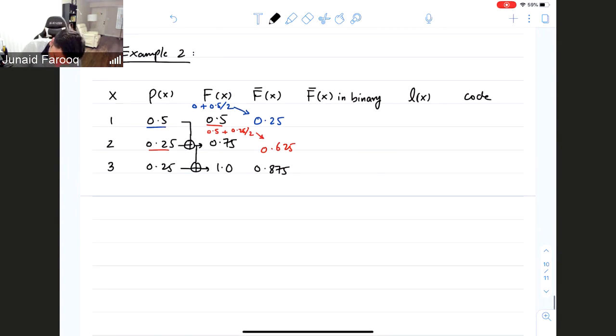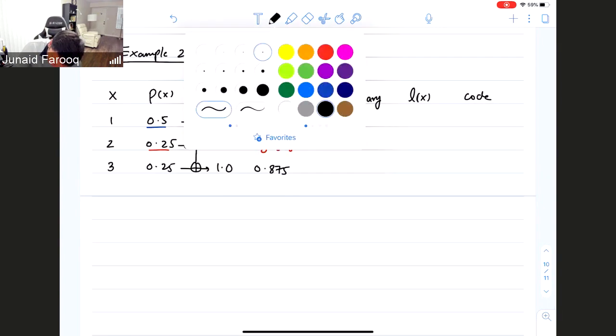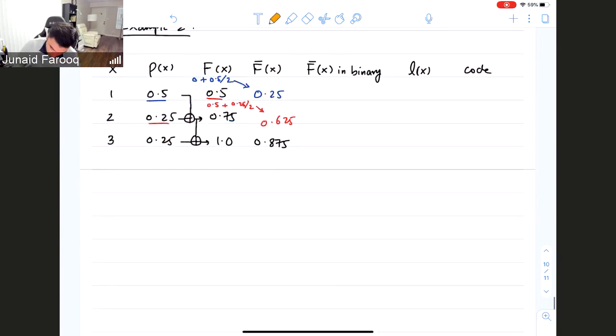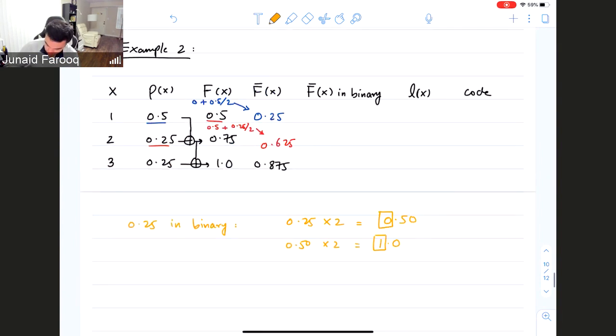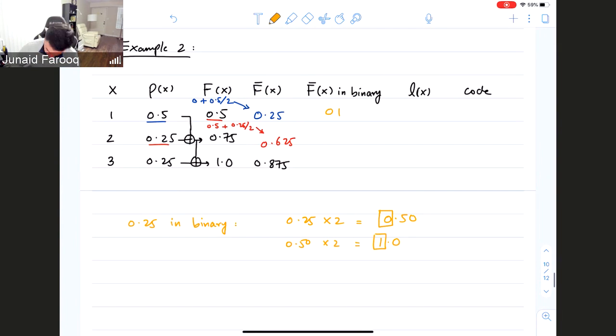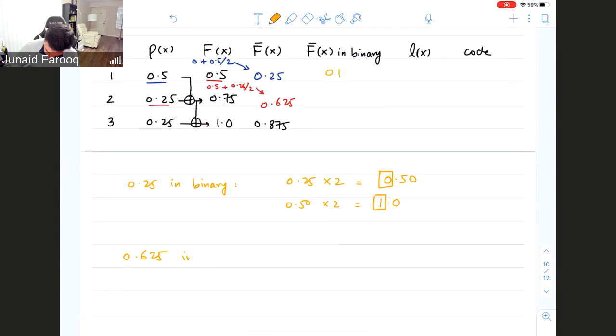Okay, now again binary. So I will do this binary thing for you. So 0.25 in binary. We have 0.25 times 2 will give you 0.50. 0.50 gives you 1.0. That's it. So it's 0, 1. So 0.625 in binary.